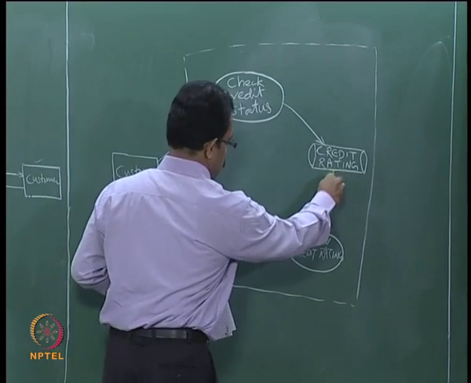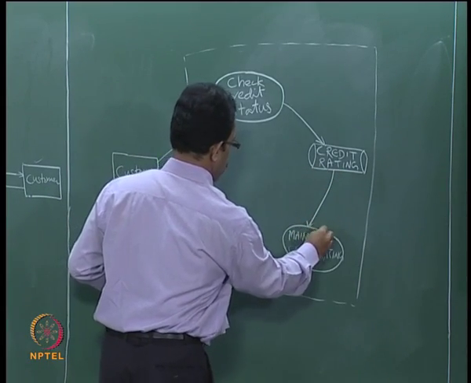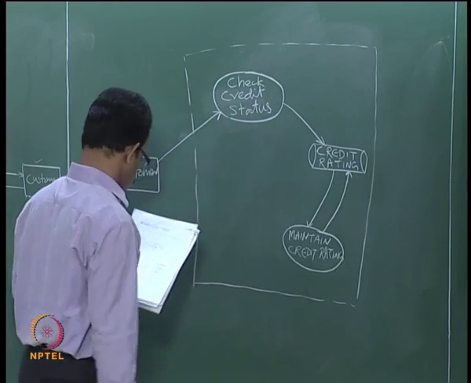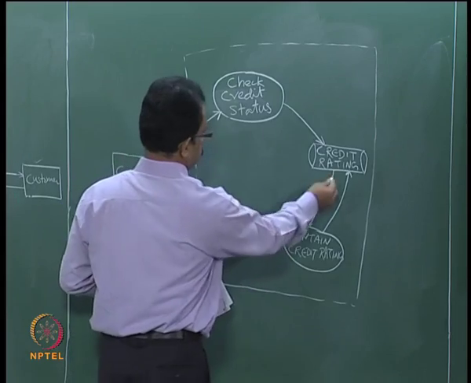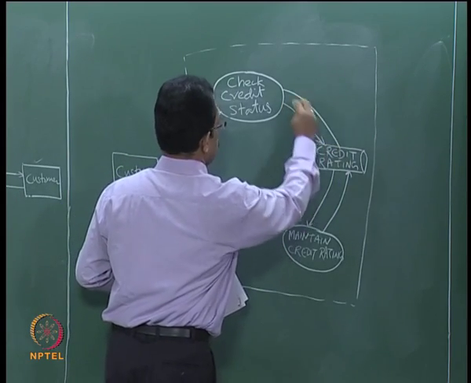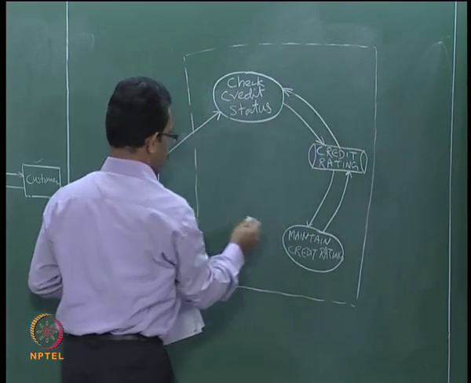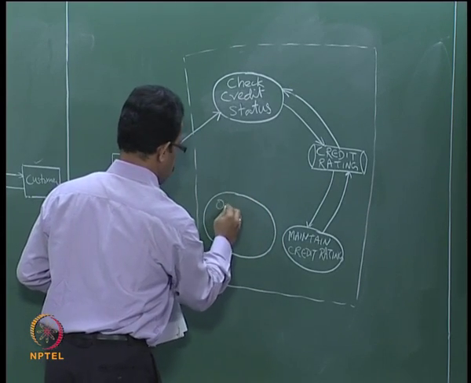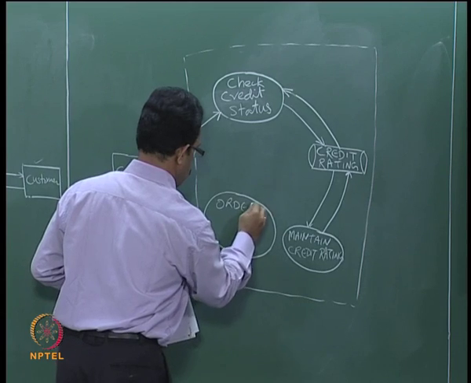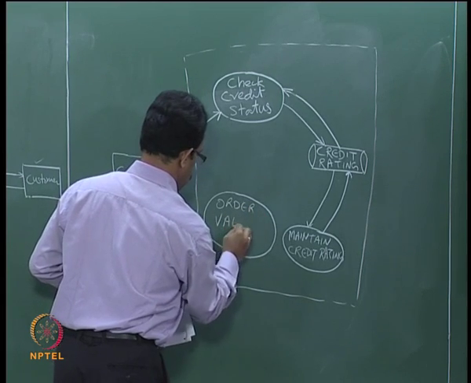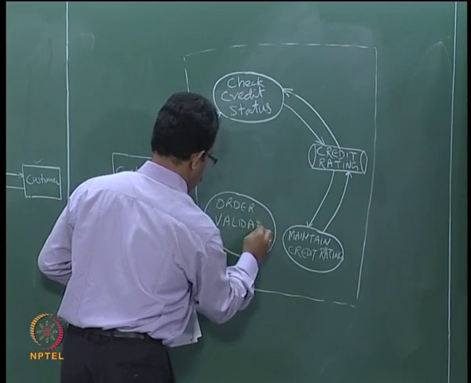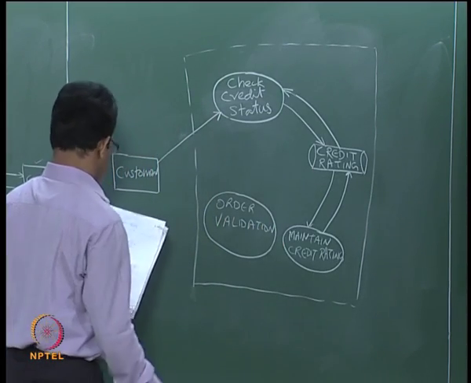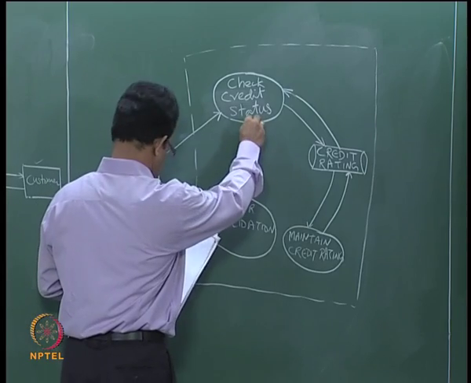So based on this there will be a data flow from here and to here, and based on this information it receives, the order will be validated. So order validation will be another function. This is the order validation, and this will be connected here.